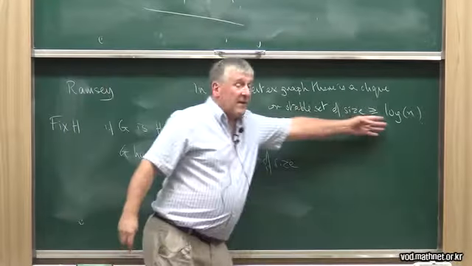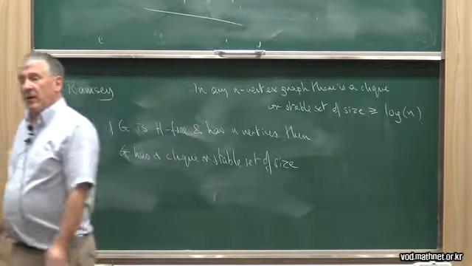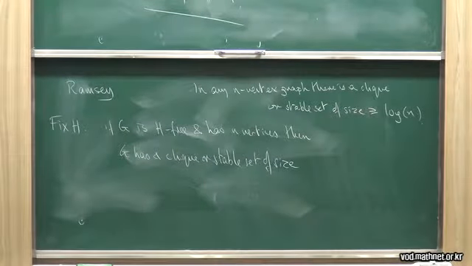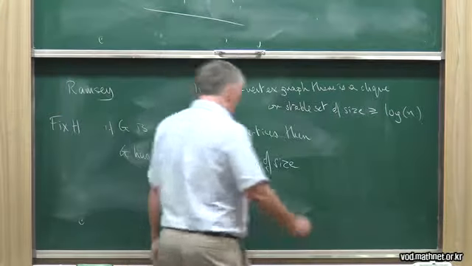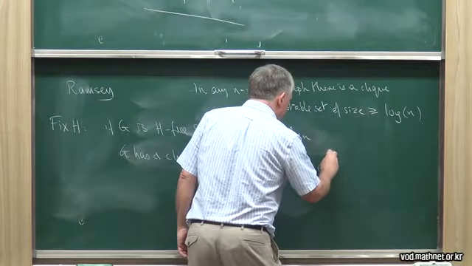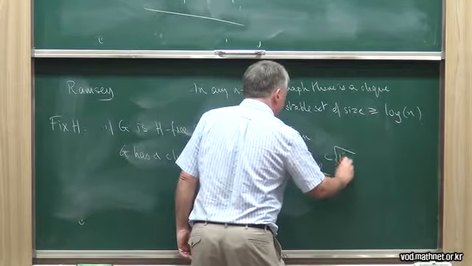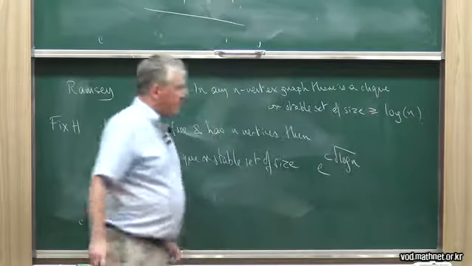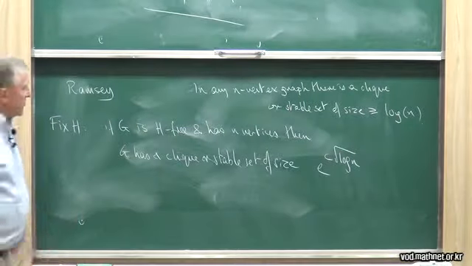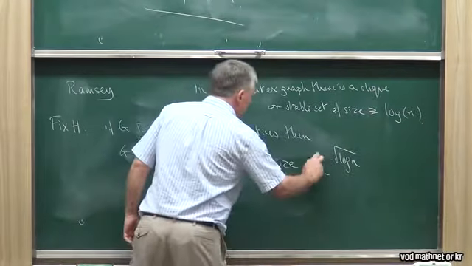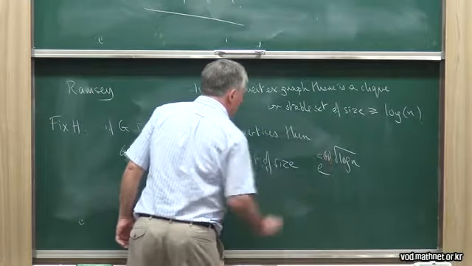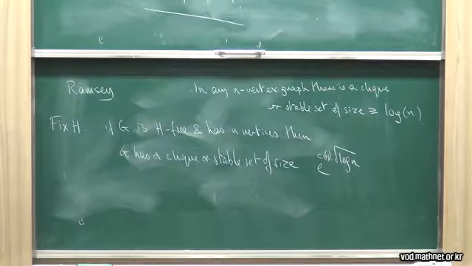Well, you can do better than log n now. It's a theorem of Erdős and Hajnal that you can do e to the constant root log n, where the constant depends on H. So that's bigger. It's bigger than just log n. I mean, you need to think, but it's true.